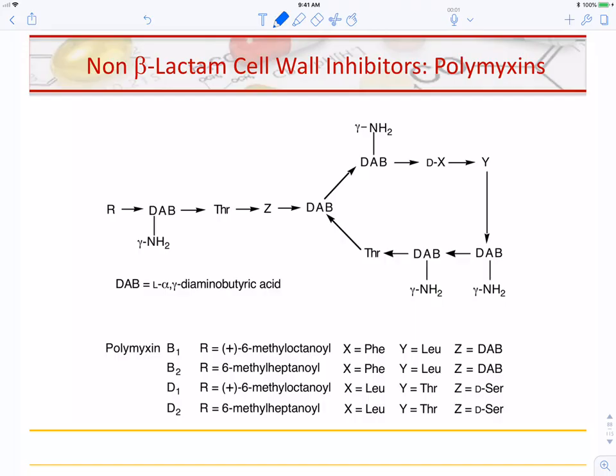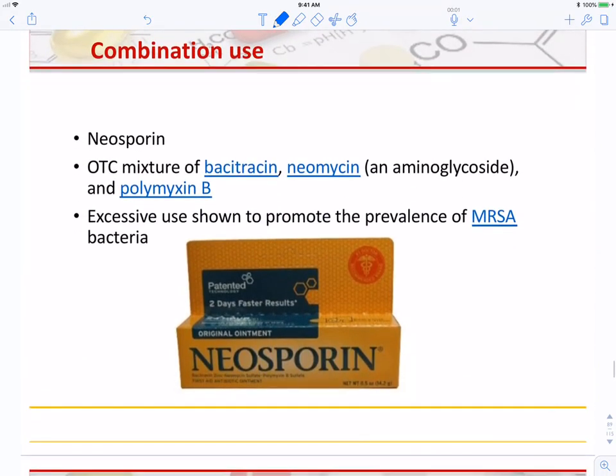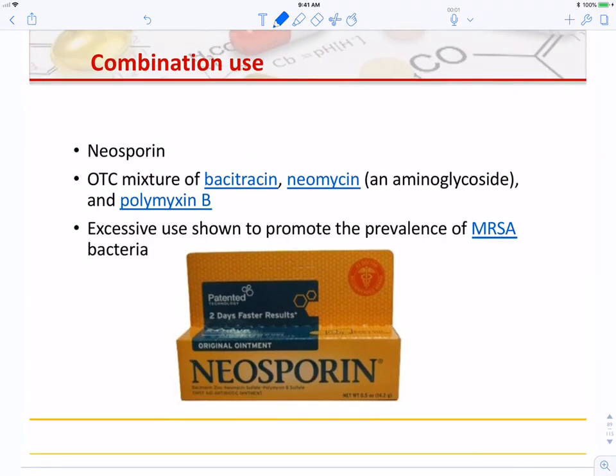This class of antibiotics bind to the membrane phospholipids and basically interfere with membrane function, so they're not directly related to the cell wall biosynthesis. I covered them because they're one of the antibiotics used in this very common preparation, Neosporin, and I think many of us have been using it.